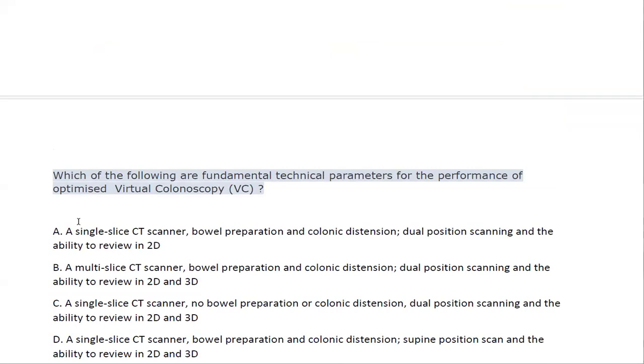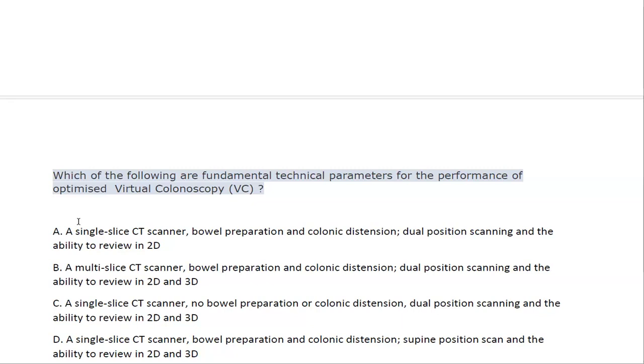This is one of the quite complex exam questions, in fact, because it has complex answers. Which of the following are fundamental technique parameters for the performance of optimized virtual colonoscopy? A, the single slice CT scanner, bowel preparation, colonic distension, dual positioning, and the ability to review in 2D.